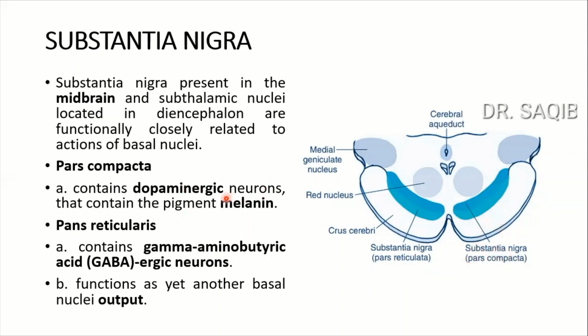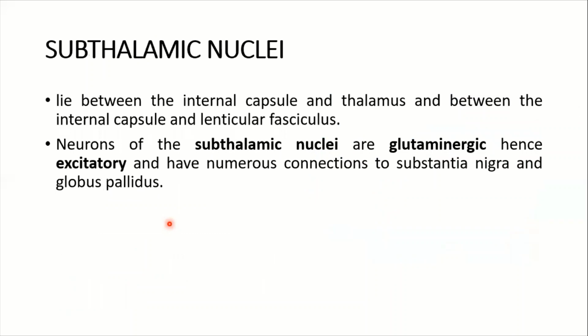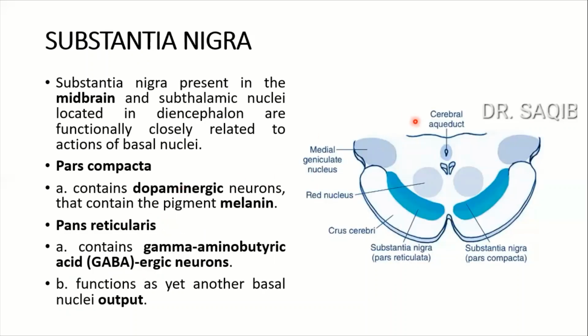And pars reticularis, the outer, lateral portion, pars reticulata, contains gamma aminobutyric acid, GABAergic neurons, and functions as yet another basal nuclei output. So important, as it leads to Parkinsonism.